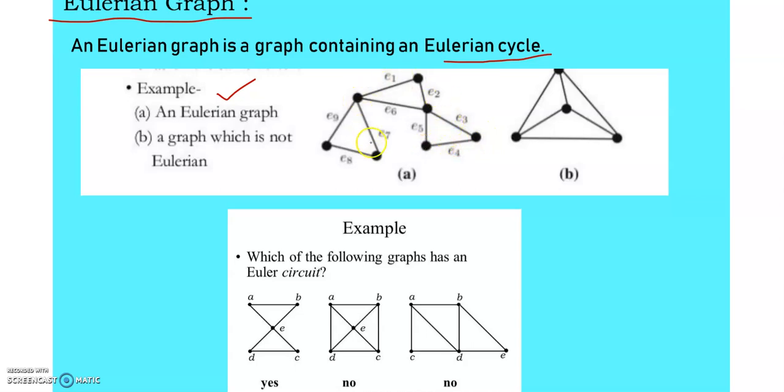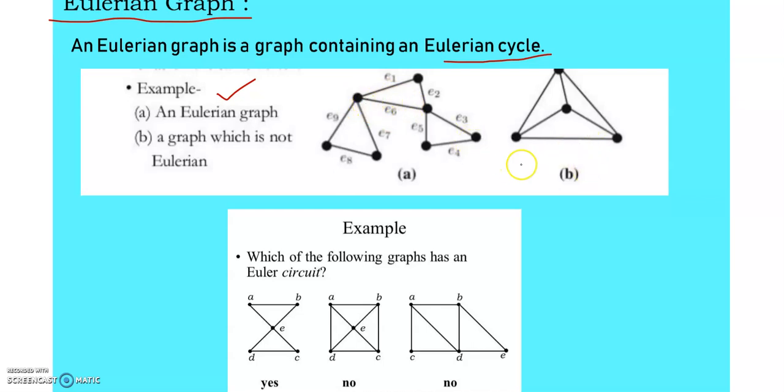So in this graph, I can find an Eulerian cycle. That's why this is called an Eulerian graph. How is it possible to find an Eulerian cycle? It is possible because all the vertices have even degree. That's why we are telling this is an Eulerian graph.